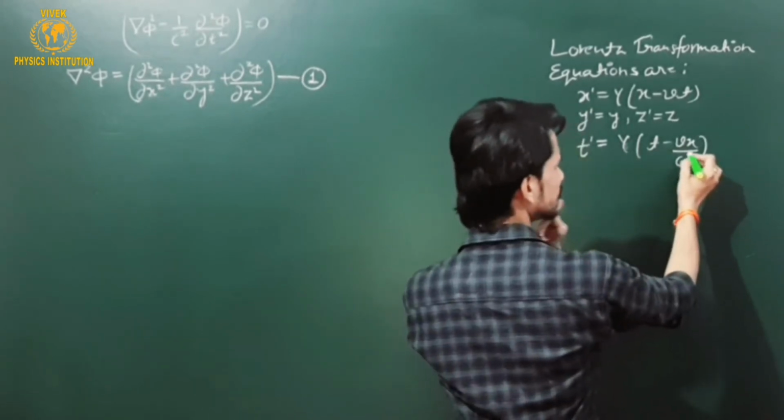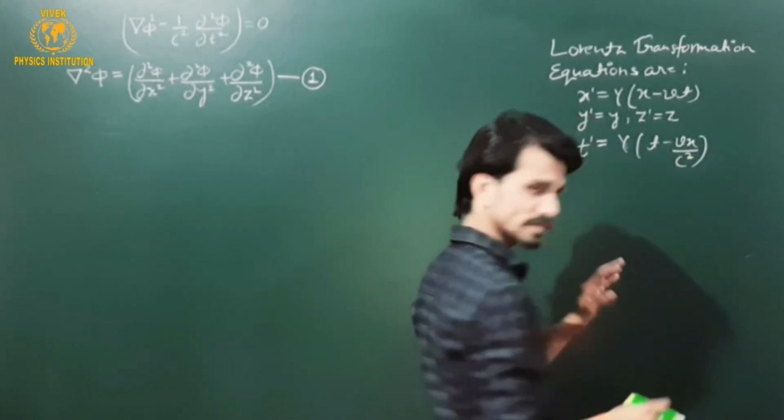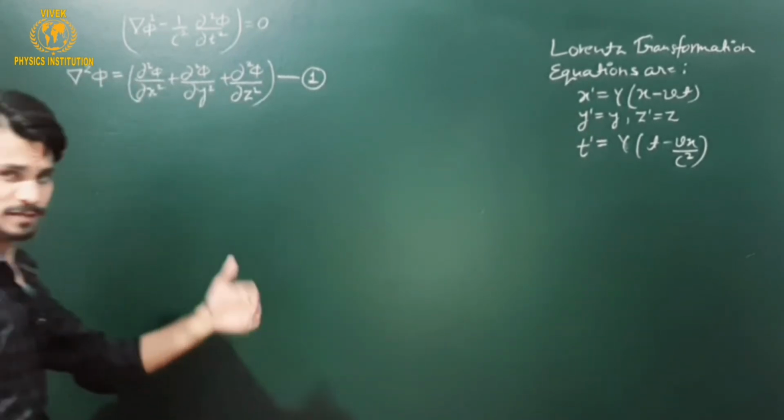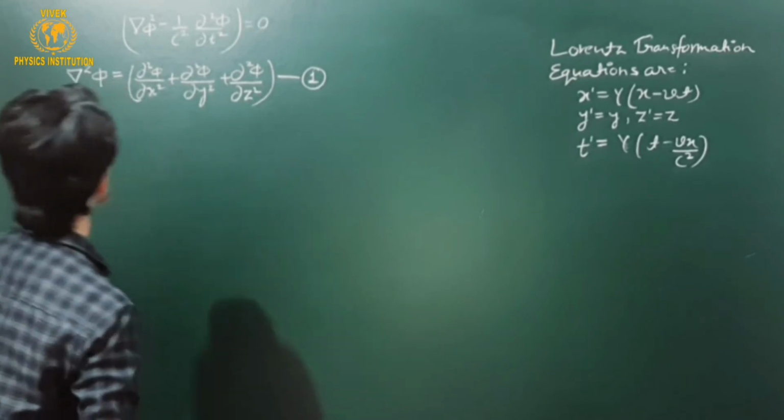Okay, this is c square, right? This is c square. Now let us first find the values of this one, that one and this one.